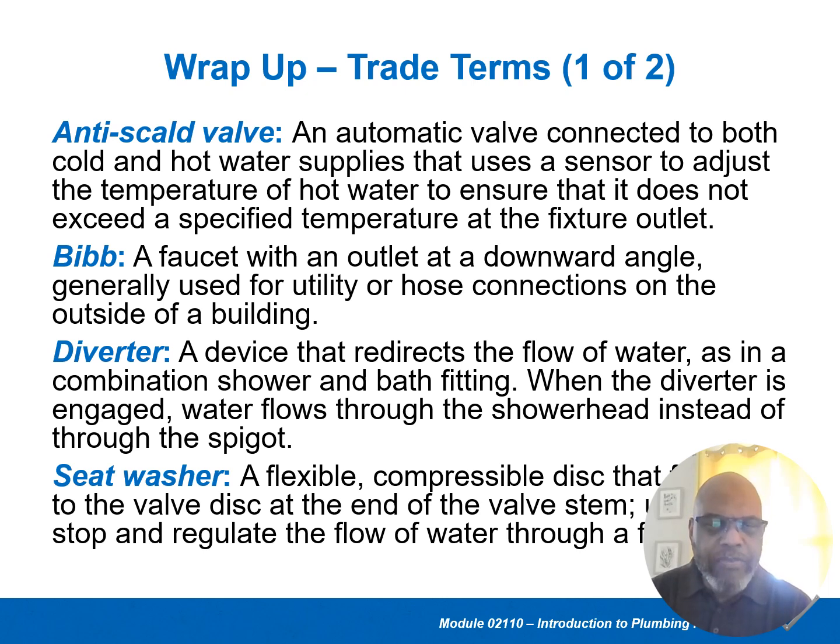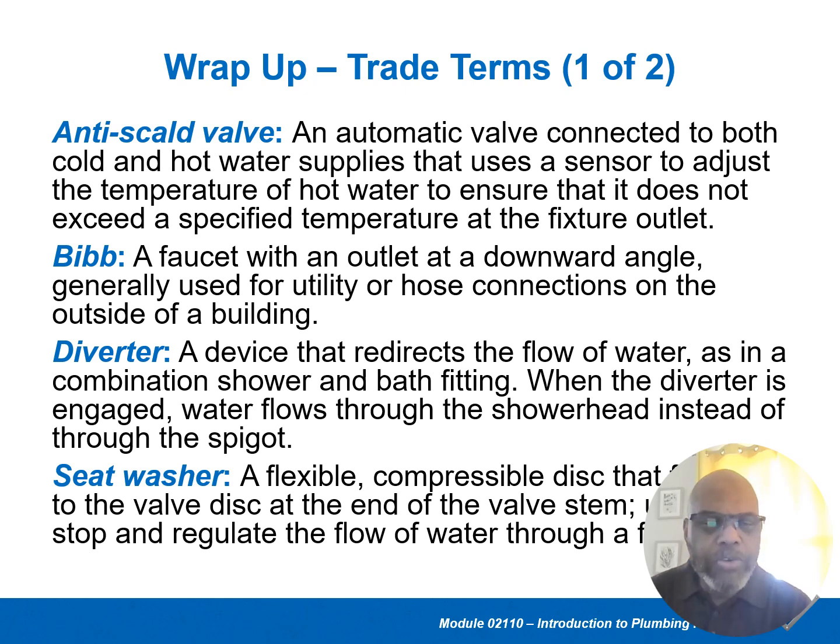A bib is a faucet with an outlet at a downward angle, generally used for utility or hose connections on the outside of the building. It usually is at an angle pointing downward to keep things from getting inside of it. A diverter is a device that redirects the flow of water, as in a combination shower or bath fitting. When the diverter is engaged, water flows through the shower head instead of through the spigot.